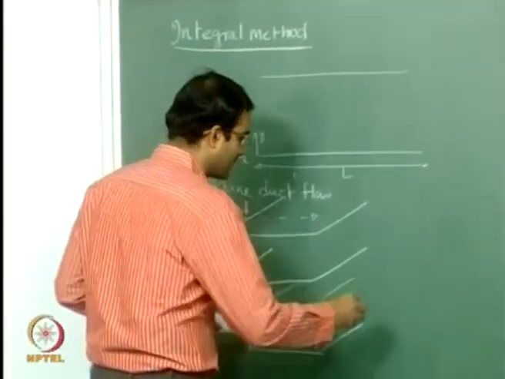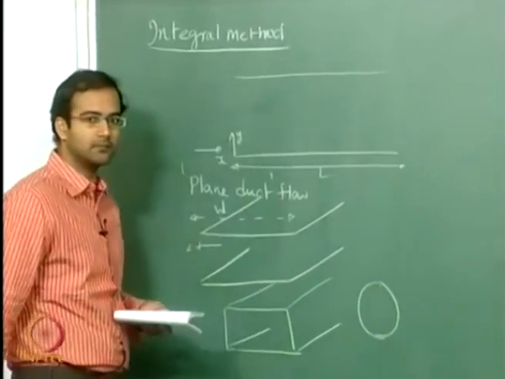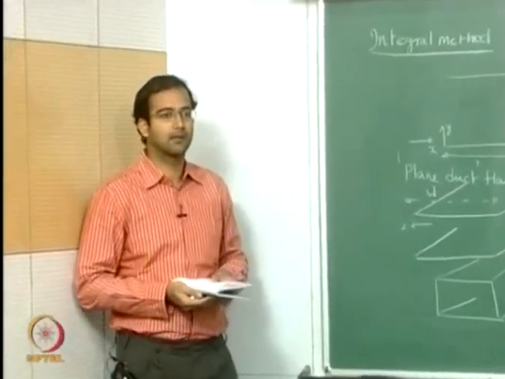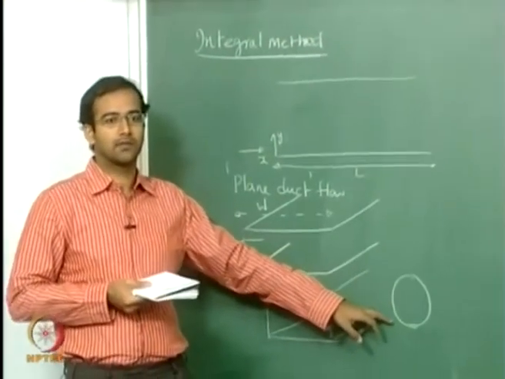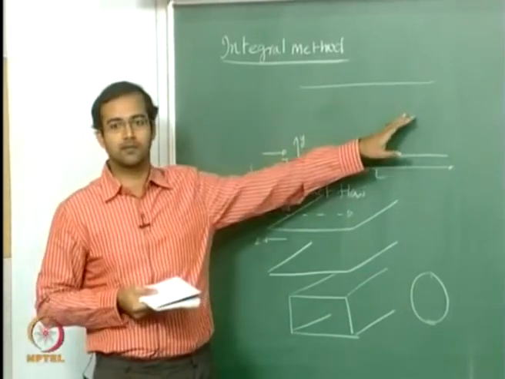Same way with the case of a circular cross section, the boundary layers start growing simultaneously from all the walls, but in all these cases we have really not looked into the 3-dimensional nature of flow. Whatever we have done so far with the circular cross section was just the 2-dimensional approximation of it.